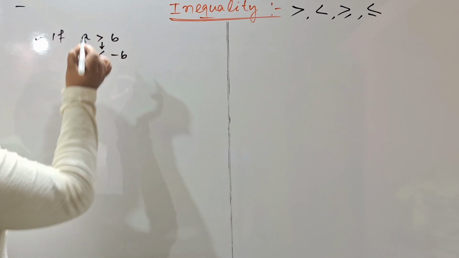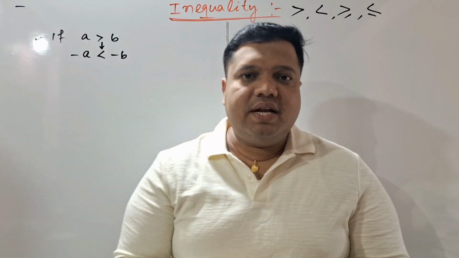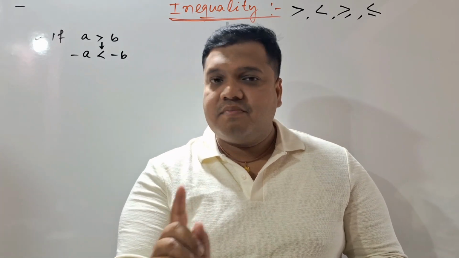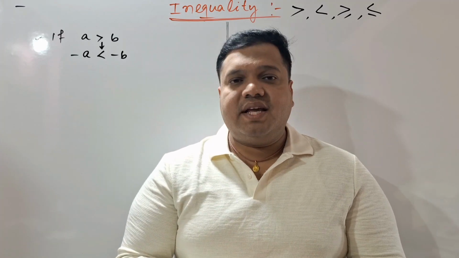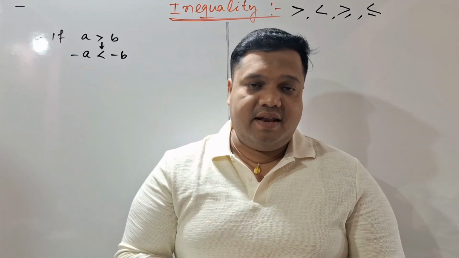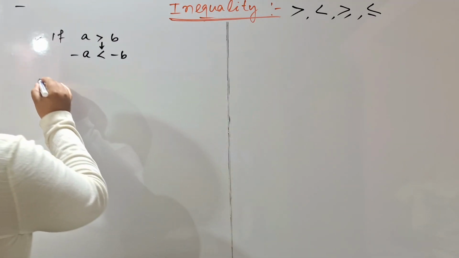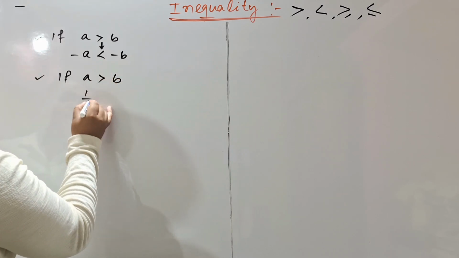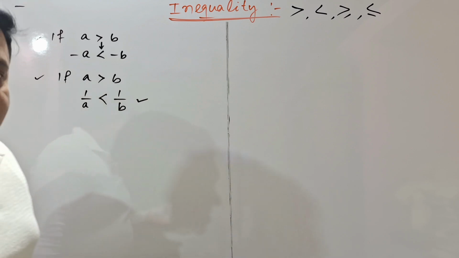So in inequality we can multiply or divide by a positive quantity but not by a negative quantity. Multiplying by a negative quantity changes the inequality sign. Or if you take the reciprocal also, the inequality sign will change. If a is greater than b, then 1 by a is less than 1 by b. Here also the inequality sign will change.